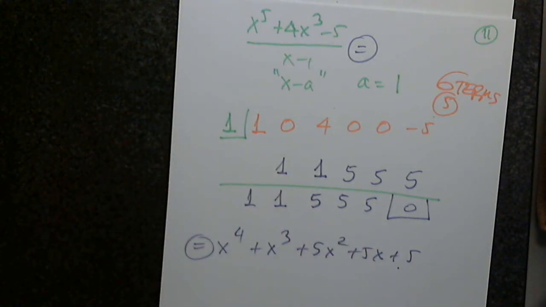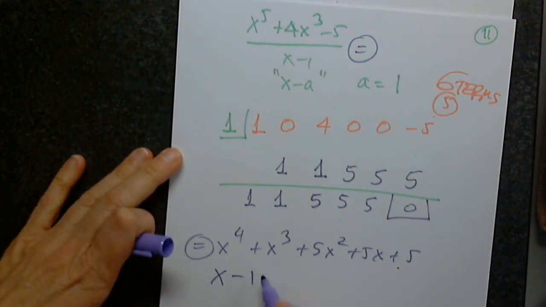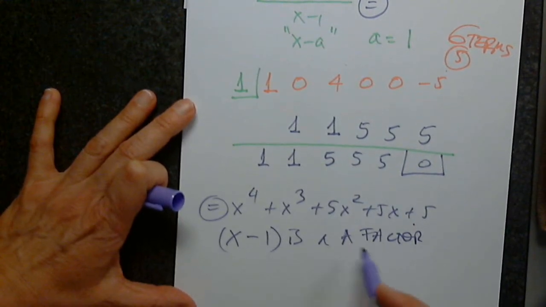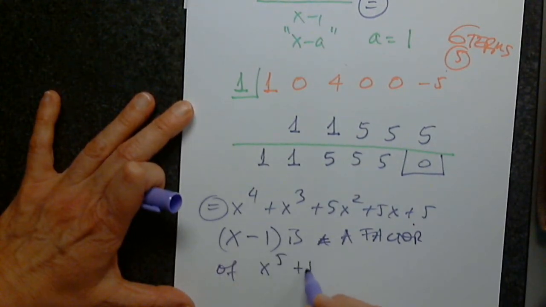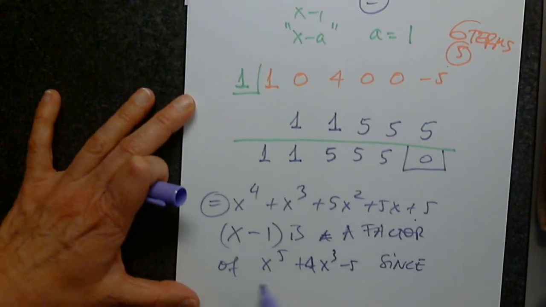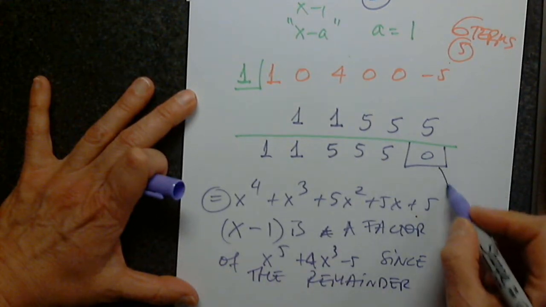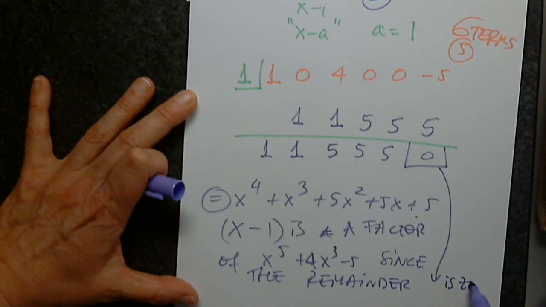Now here's a question for you. Would you say that x minus 1 is a factor? Yes, very good. X minus 1 is a factor of x to the 5th plus 4x cubed minus 5, since the remainder, this one, is 0.